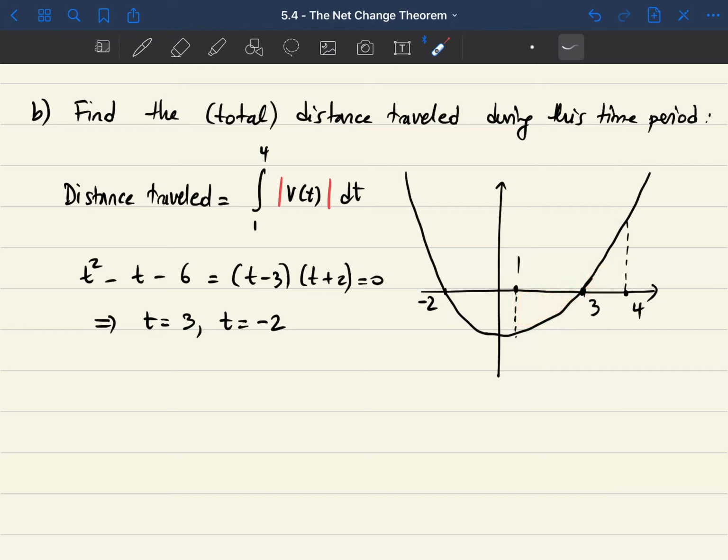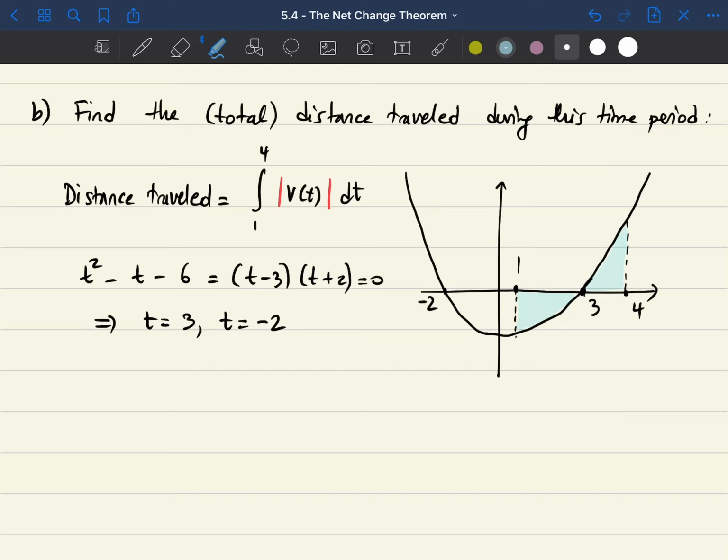So let me highlight this very quickly. We want this area here, and then this other area here, and we have to treat both of those areas as positive.